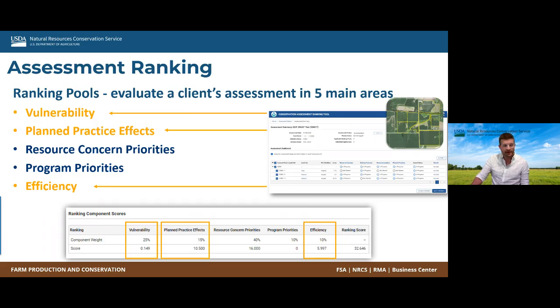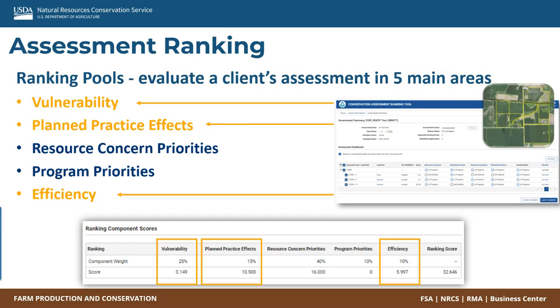As we were developing CART, we wanted to make sure that the information you gather at the field level and associate to those PLUs was captured for the assessment, to analyze the resource concerns and understand their existing and planned condition, but not stop there: to allow that information to persist and be carried forward into ranking.